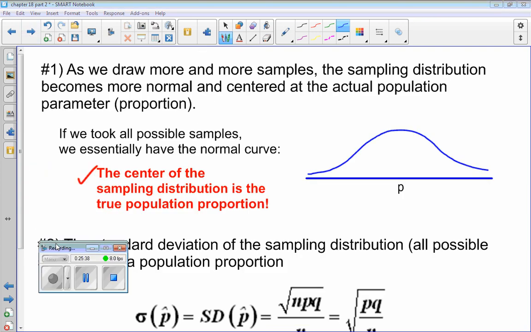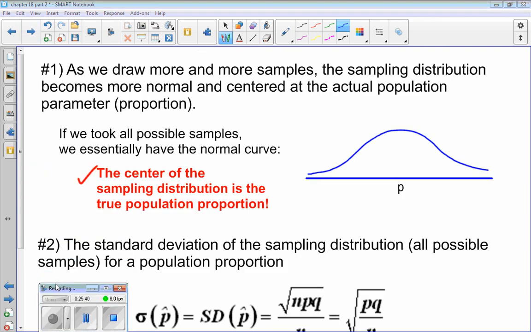All right. So as we draw more and more samples, the sampling distribution will become more and more normal and centered at the actual population proportion. Just like with means, it was centered around the actual average.